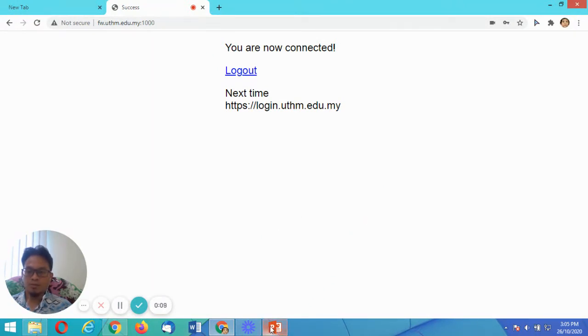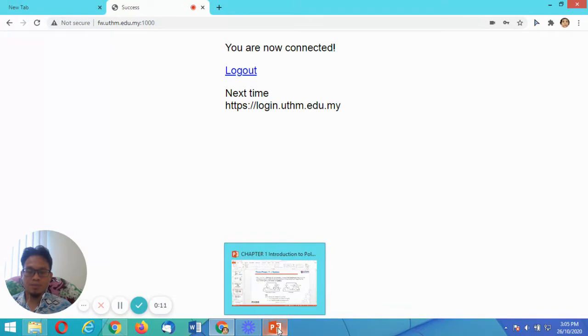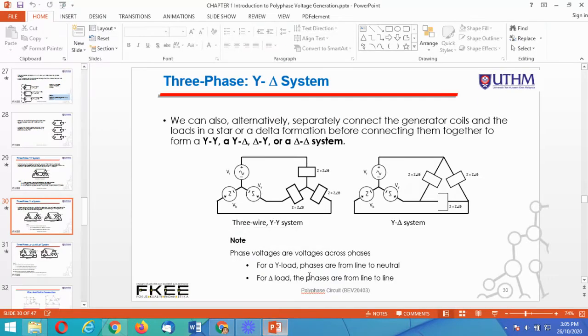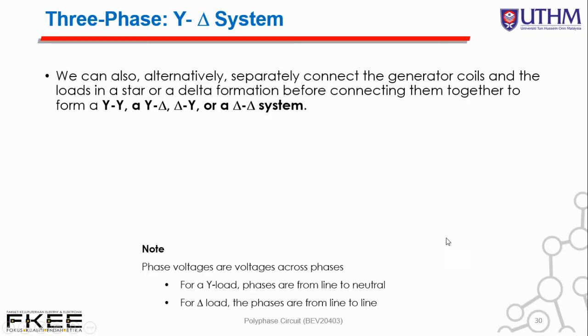So let us continue with our chapter number 1, with the topic of generation of three-phase voltage.